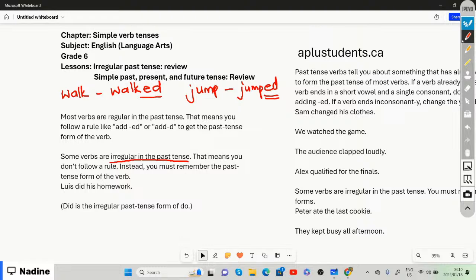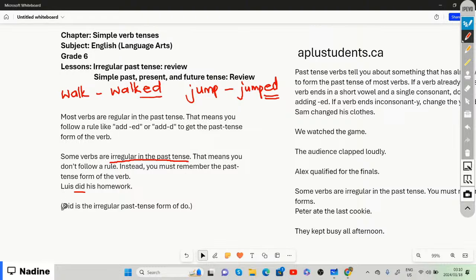For example, Louis did his homework. So if we look at the word did, did is the action. Louis did his homework.